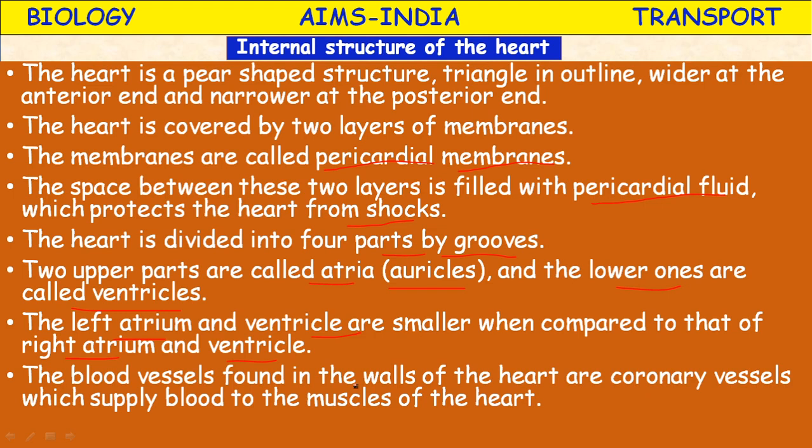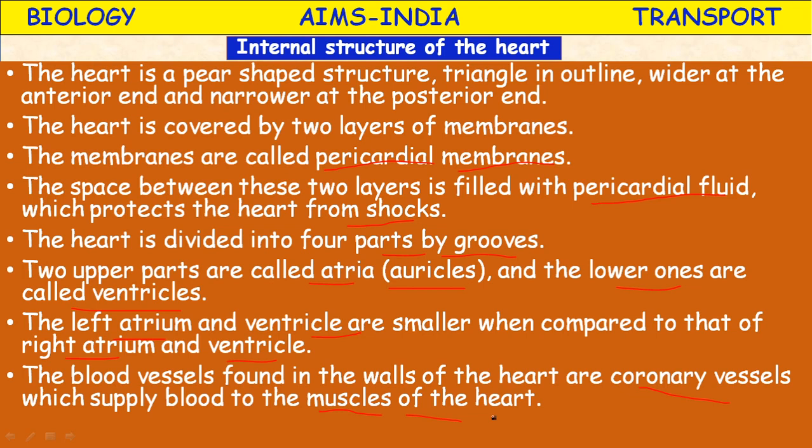Apart from those, the thin blood vessels which supply blood to the heart muscles are coronary vessels, because heart muscles work continuously. They require more oxygen. You have studied in your 9th class the muscles present in animal tissues.